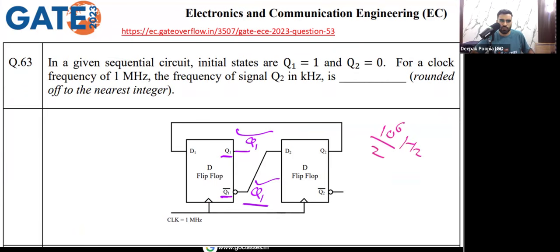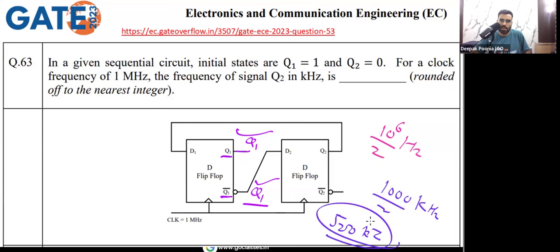So if I do half of that, in kilohertz it will be 1000 kilohertz divided by 2, so that will be 500 kilohertz. I hope you understood. So simple.